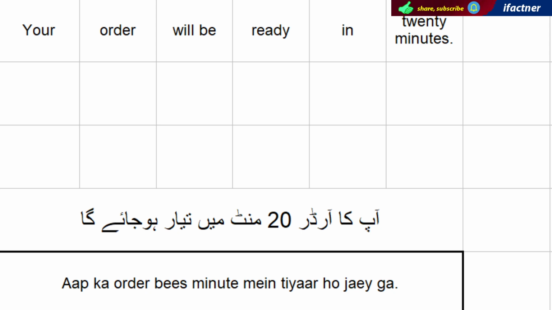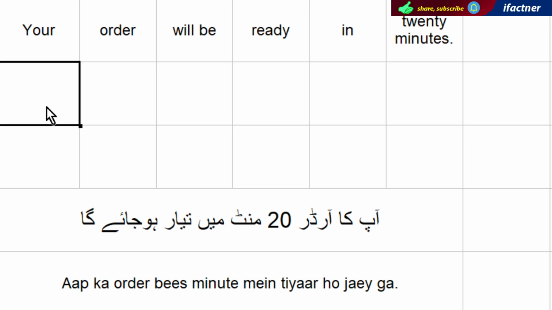Now the waiter says, your order will be ready in 20 minutes. In Urdu, we can translate it as आपका ऑर्डर 20 मिनट में तैयार हो जाएगा. Now let's see how we can translate these English words in Urdu.